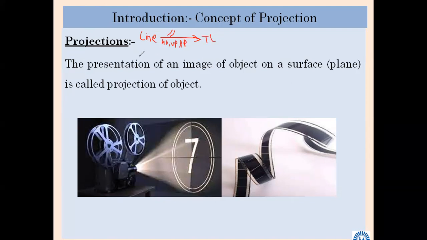Now, if the line is perpendicular, what are we getting in that plane? Point view. I will draw it. We are getting it as a point view.